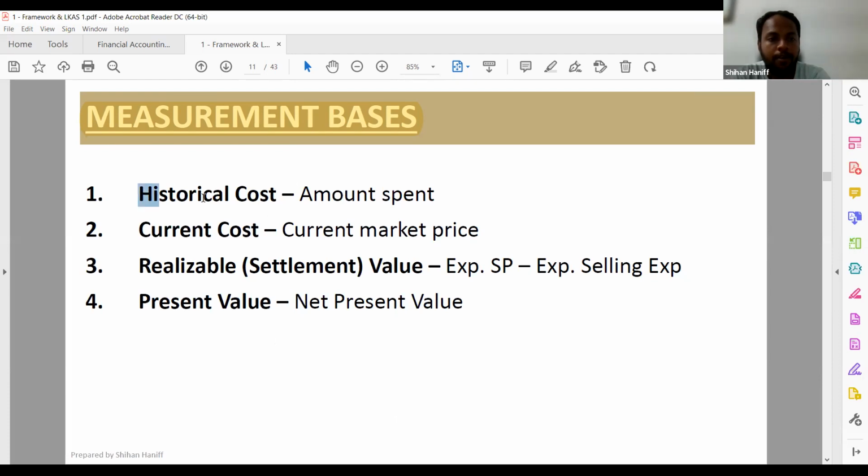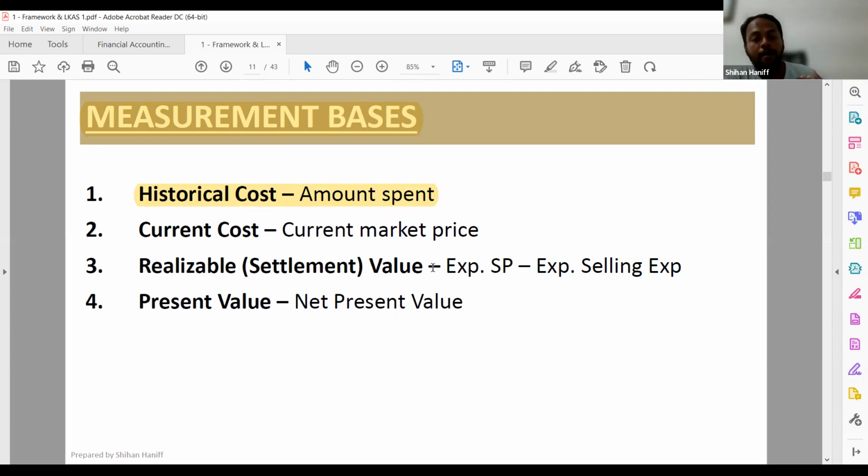Mainly, we use historical cost method. When preparing financial statements, we use the historical cost, right? If you see in financial statements, we have cost, right? Amount we spend, that is the amount we record.